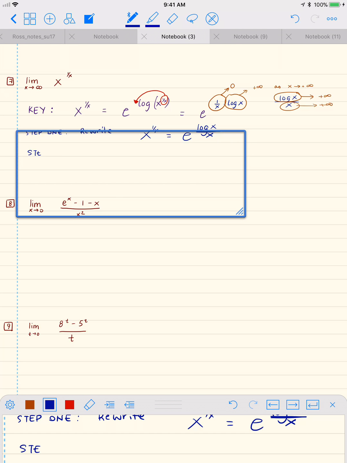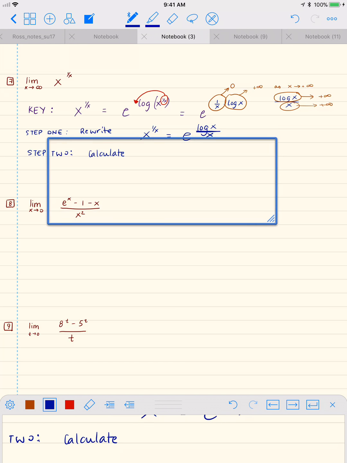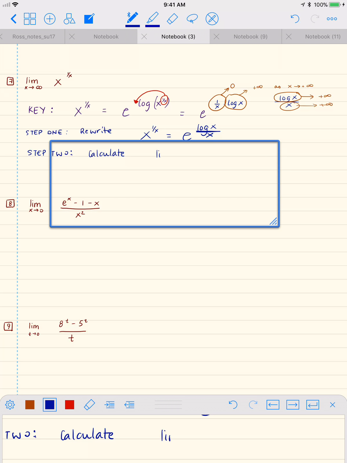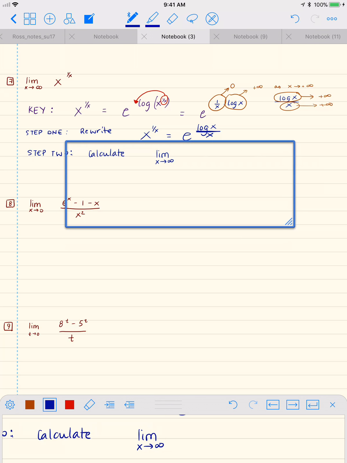Step 2 is going to be to calculate the limit as x goes to infinity of the exponent, which is log x over x. Now this should be pretty simple because we can just use L'Hopital's rule, and in one step we can calculate this.